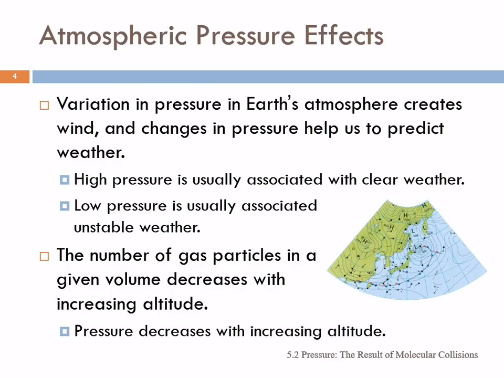The pressure is lower. And we notice that when we go up into the mountains, because you get out of breath more easily because the concentration of oxygen is lower. There's just fewer oxygen molecules. And so you have to breathe more to fulfill the requirements of your body. So the atmospheric pressure decreases with increasing altitude.